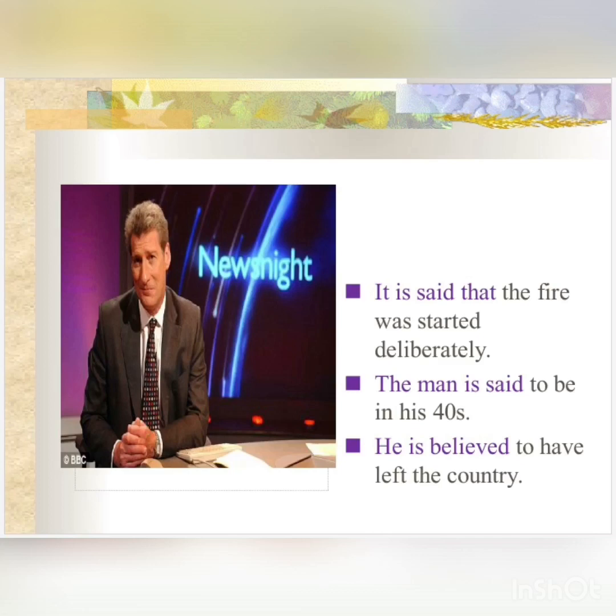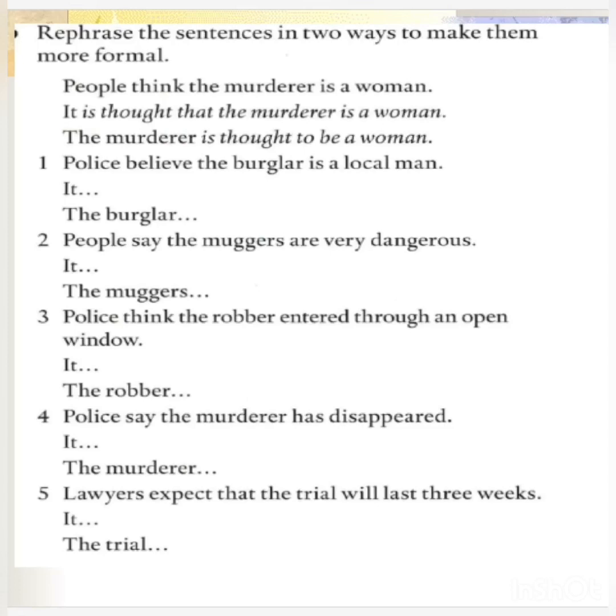For example, the next one. The man is said to be in his 40s, right? He is believed to have left the country. So, let's do the exercise. Rephrase the sentence in two ways to make it more formal.